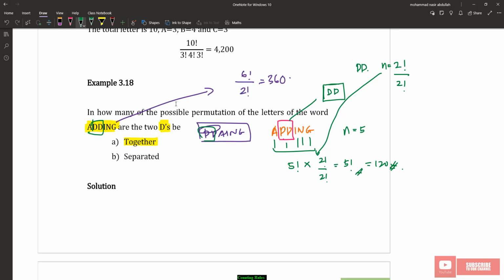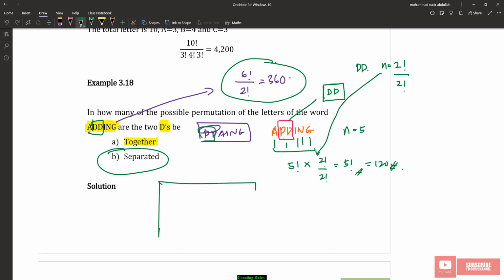So now the next question is how to find the number of permutations when the two D's are separated. We know the whole package is 360, which contains everything. So let's say we make it a Venn diagram.